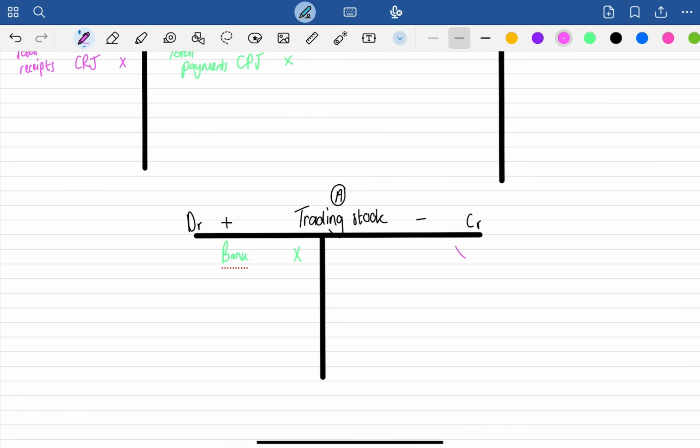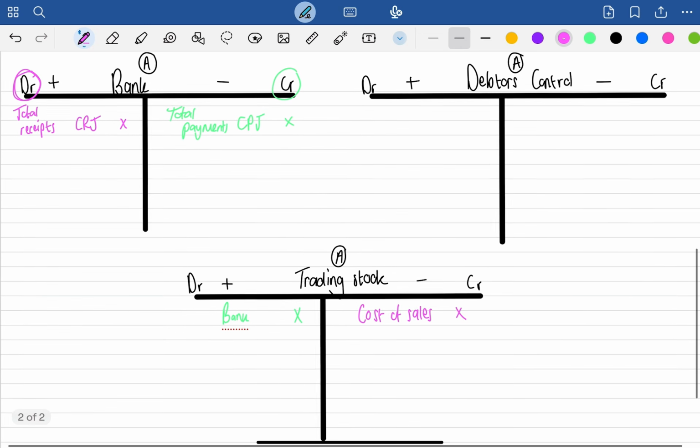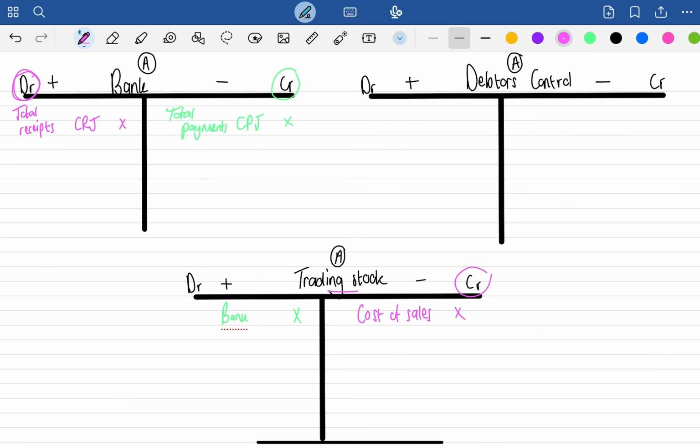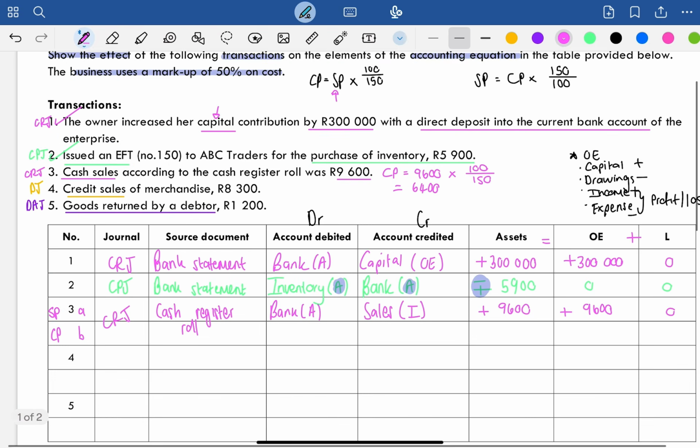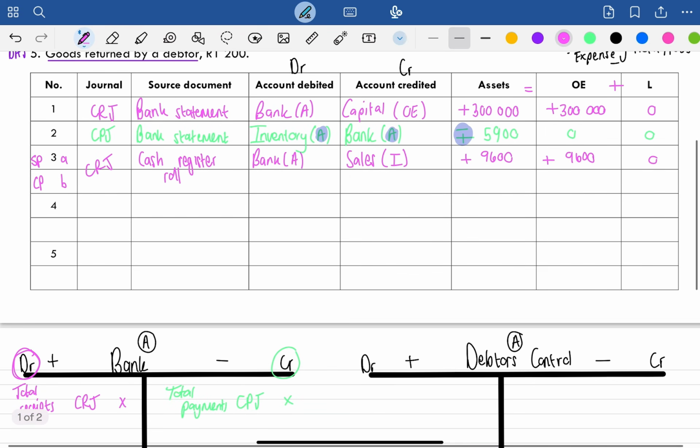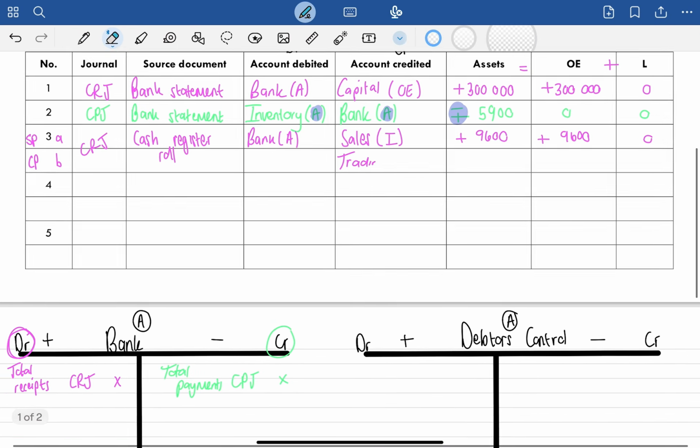So when I'm selling stock, it's always going to decrease my stock because I've got less stock. And the account we always fill the cost price in our journal is the cost of sales column. So therefore the entry will always be credit trading stock and debit cost of sales, because my trading stock is decreasing.